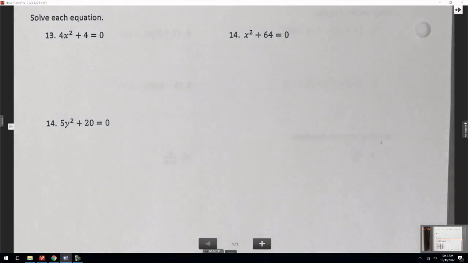Okay? So make yourself a note somewhere that because it did not say use the graphing calculator, what do we have to do? Factor. We're going to factor only because it says solve without a calculator, right? So no calculators. Okay.